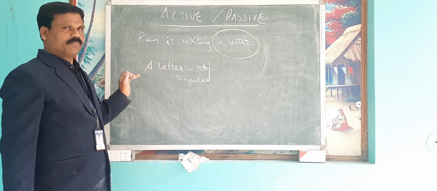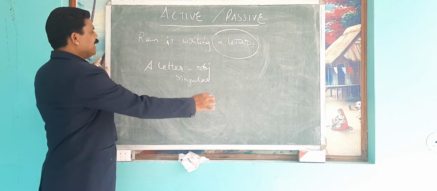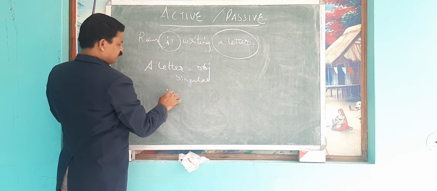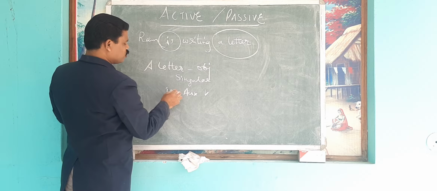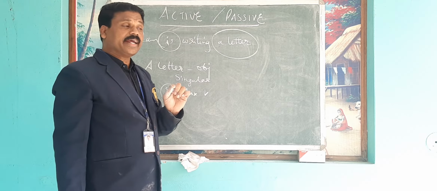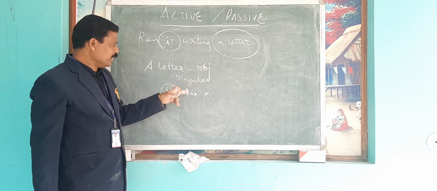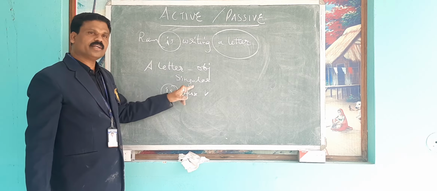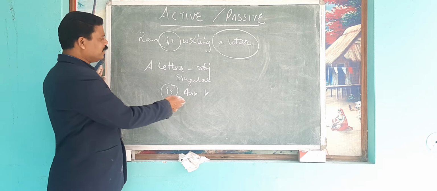Third step, auxiliary verb. What is the auxiliary verb? Is. Identification of auxiliary verb is. Number 4, arrange auxiliary verb according to object. Actually, a letter is singular. Is also singular. So there is no need to arrange it. Both are singular.